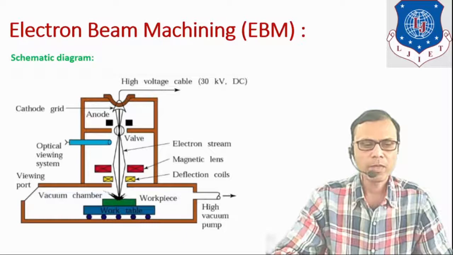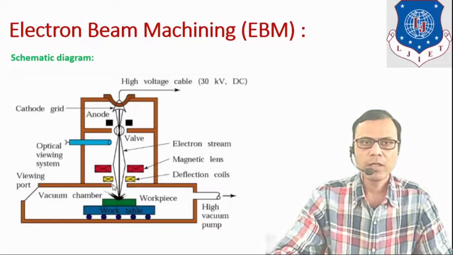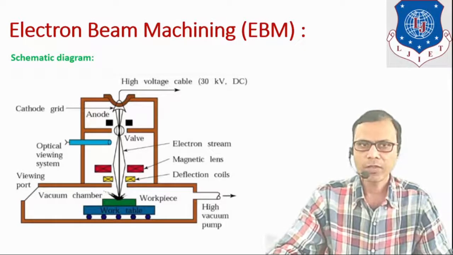That electron beam is accelerated with the help of this anode, so it has high kinetic energy. With the help of this magnetic lens and deflection coil, the electron beam is concentrated, or focused, at some particular location on the workpiece.